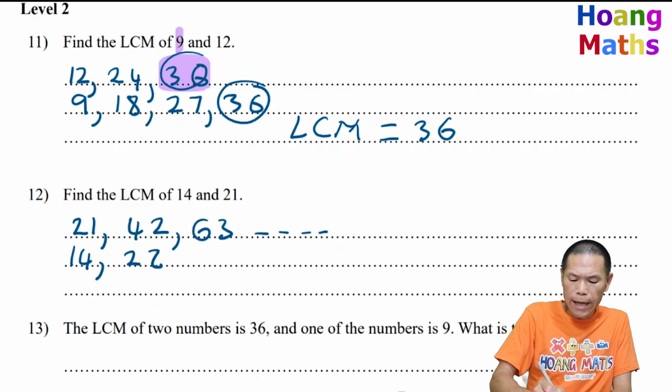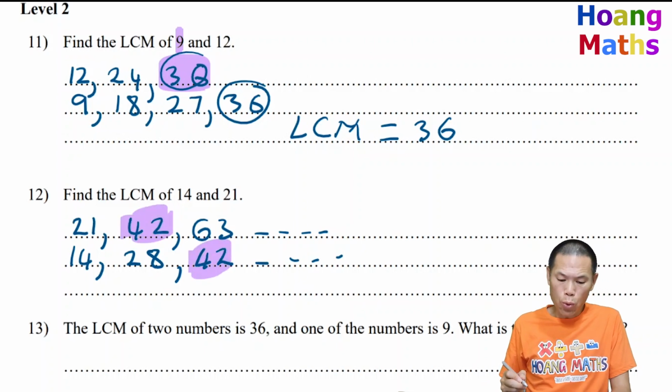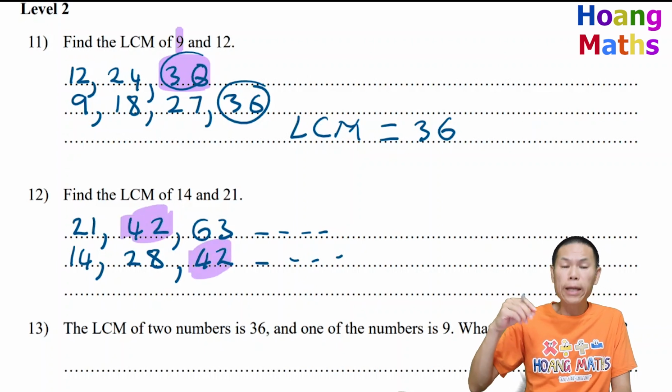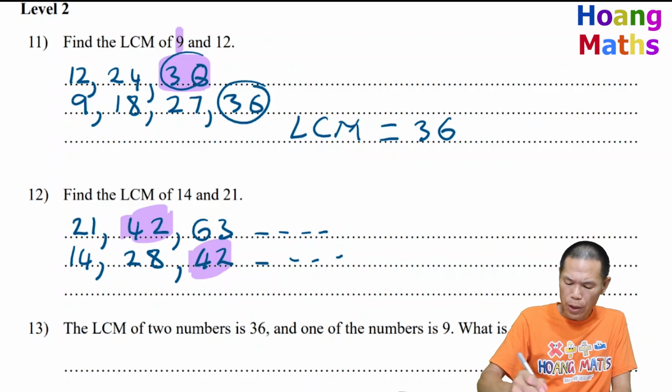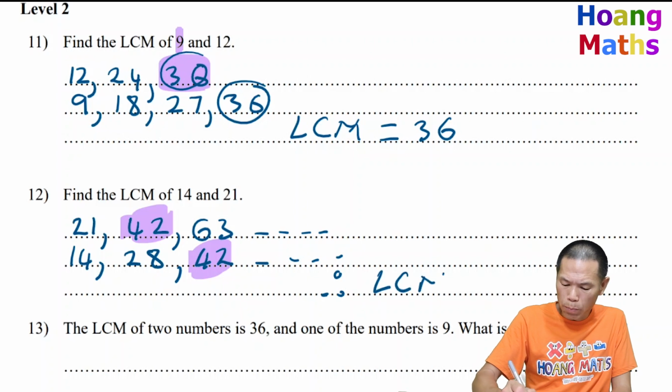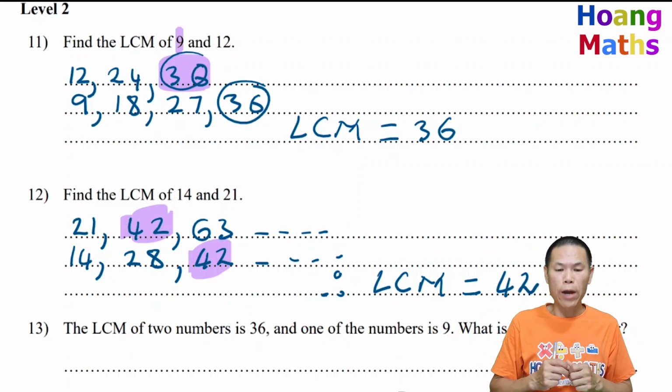We have 28, 42, and so on. And we know that 42 is the common multiple of 21 and 14. And that's the lowest one as well, because it's the first one. Therefore, the lowest common multiple of 14 and 21 is 42. I hope you got it correct.